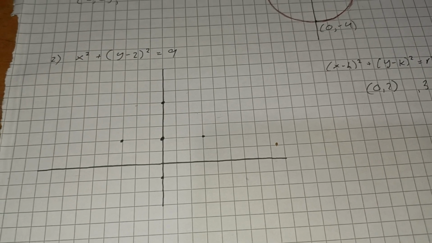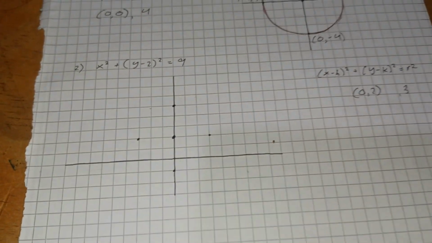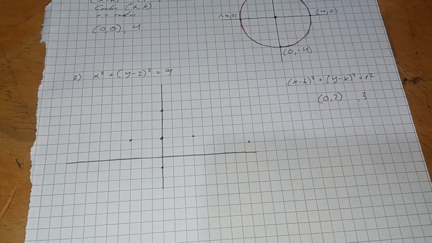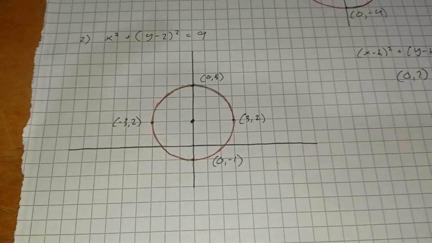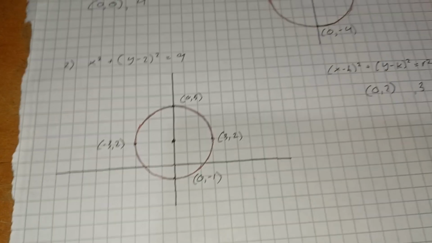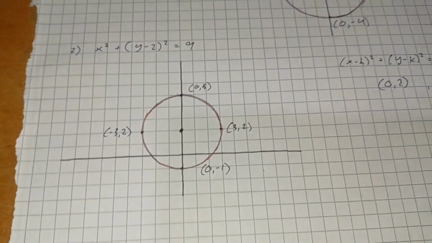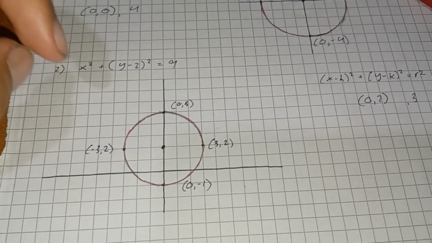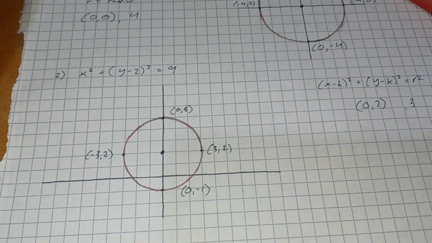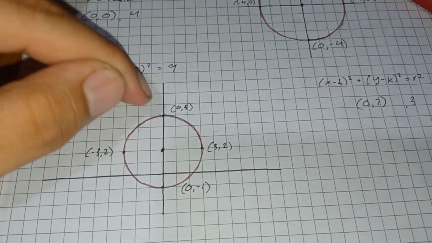We are going to be sketching the circle. So I will pause the video and come back with a sketch just to show you guys. So I'll be back. So we're back and this is what I got. We have the radius of 3. Our points on the circle: this one up here is going to be (0, 5).